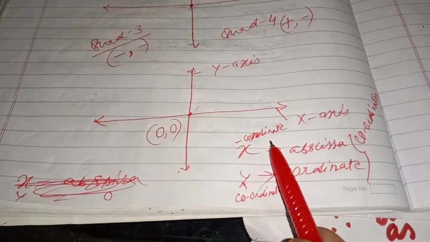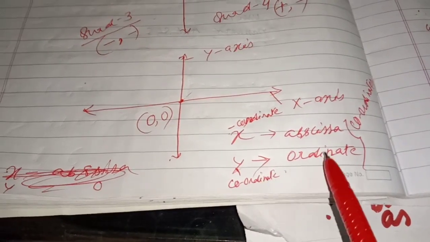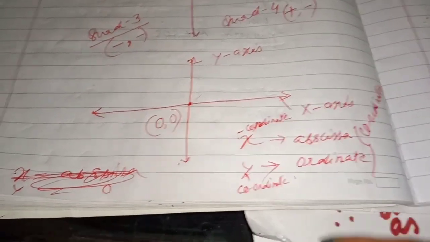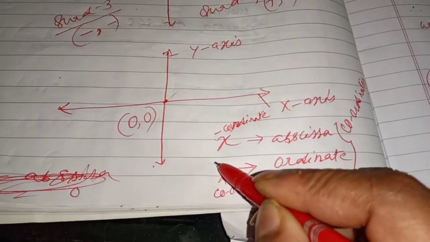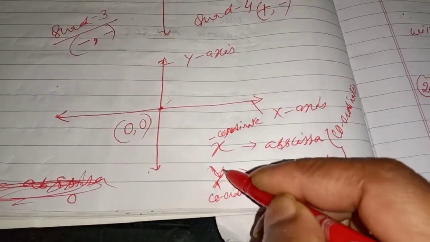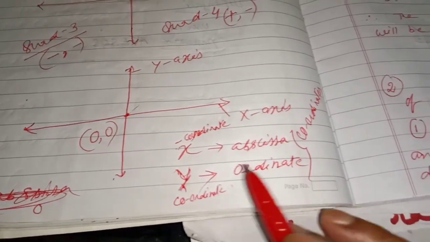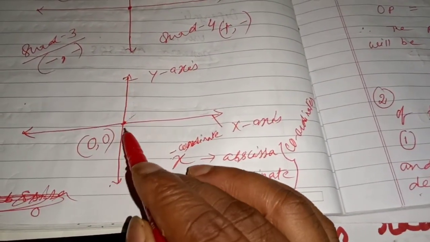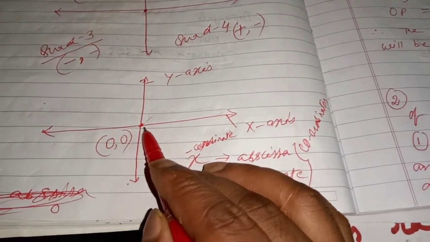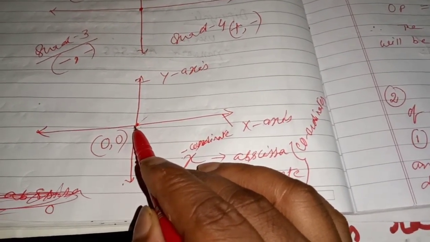The value of y is called the y coordinate, or the special name is ordinate. And both the values of x and y are called coordinates. That means 0, 0 are the coordinates of the origin. Don't forget, 0, 0 are the coordinates of the origin. So I hope all of you understood this simple concept.